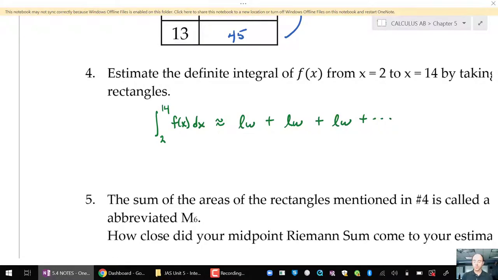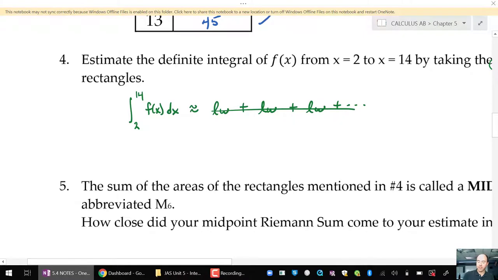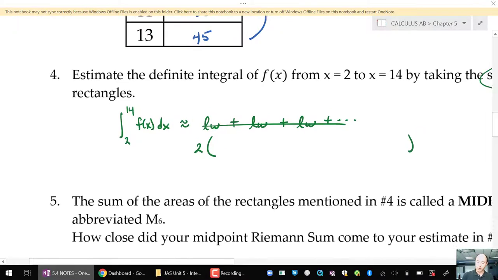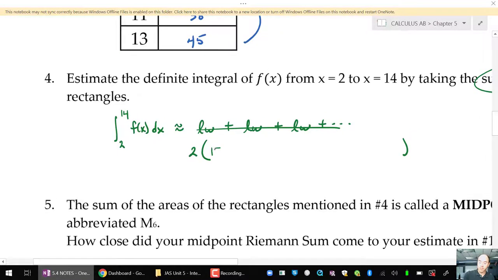They're all equal to 2. So what might be a little more efficient is if we factor out the 2 and then simply add up all 6 lengths or heights of the rectangles. But remember, the heights of those rectangles matched the sample point outputs. So my first rectangle had height of 17, the second one was 12, and then 15, and then 25, and then 38, followed by 45.